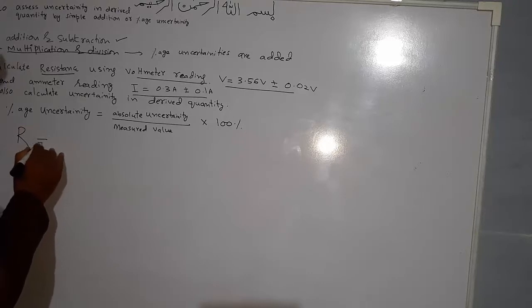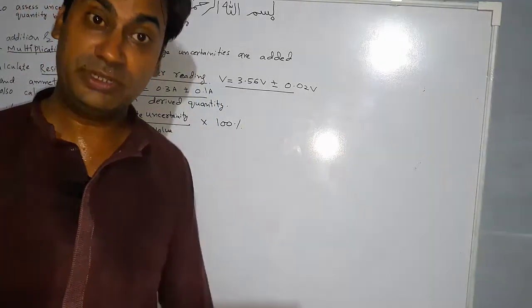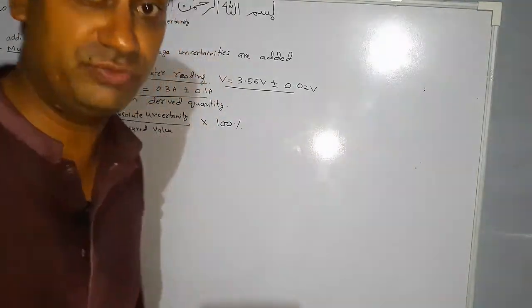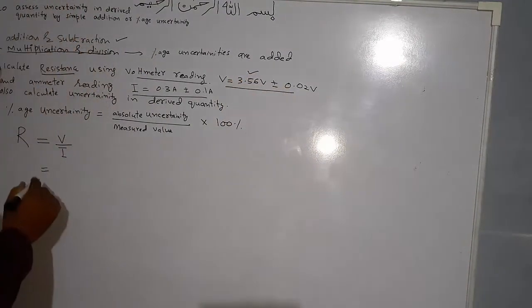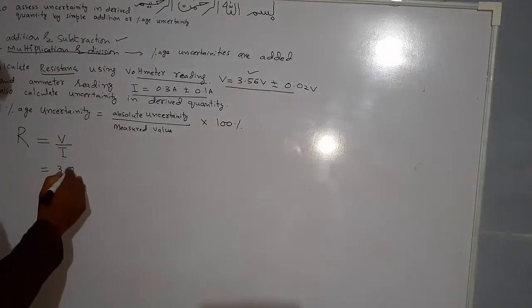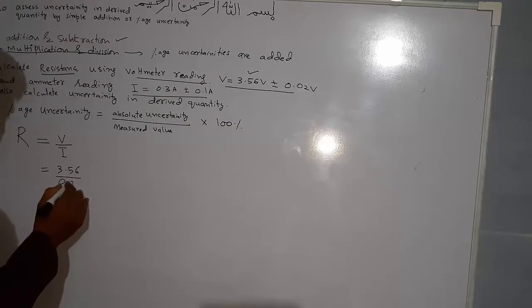We can write R is equal to V over I. The voltage value is 3.56, so we write 3.56 over I, and I is 0.3.